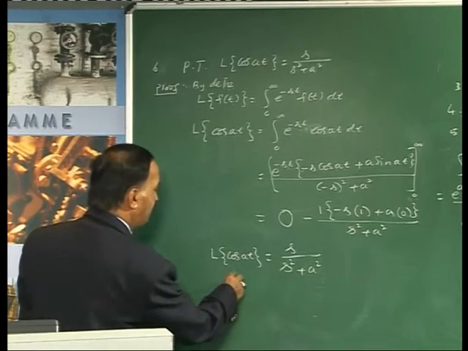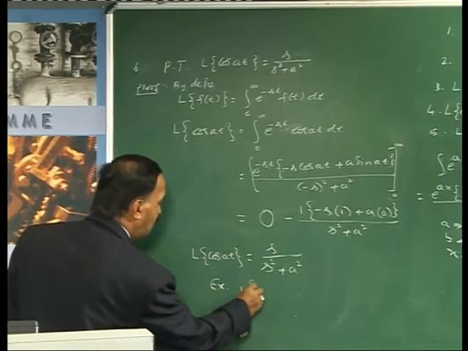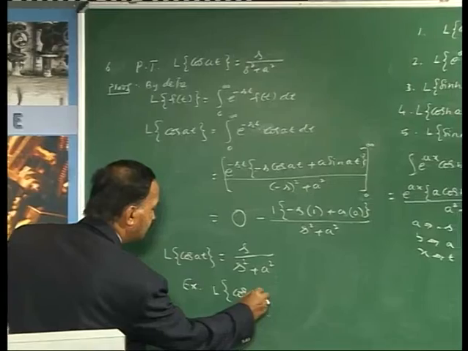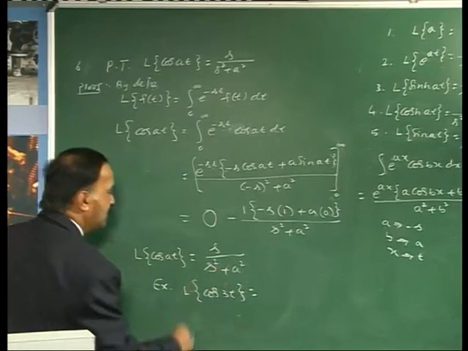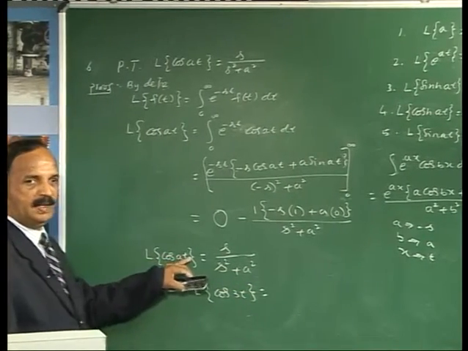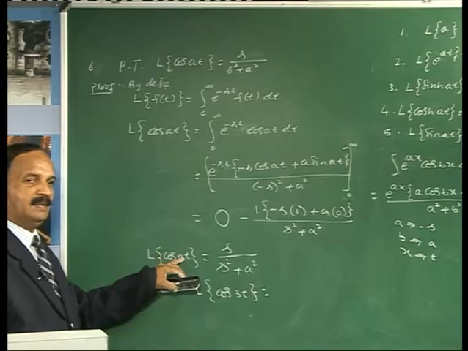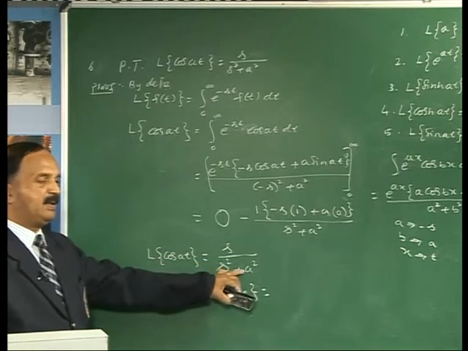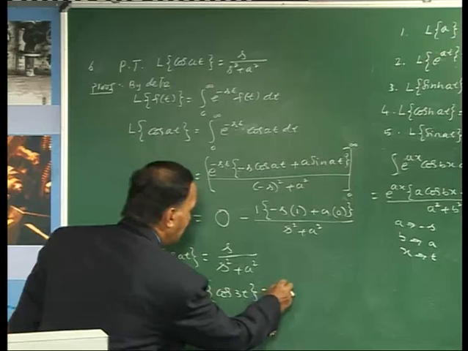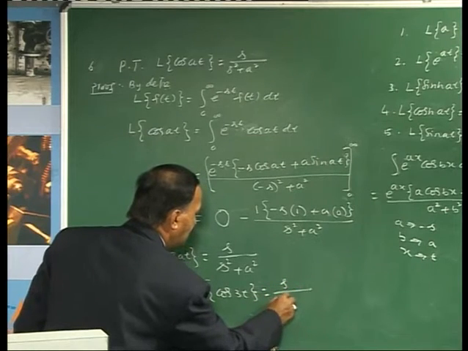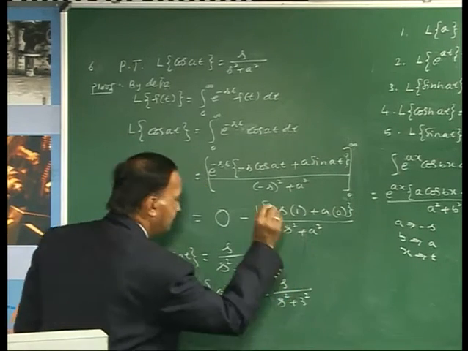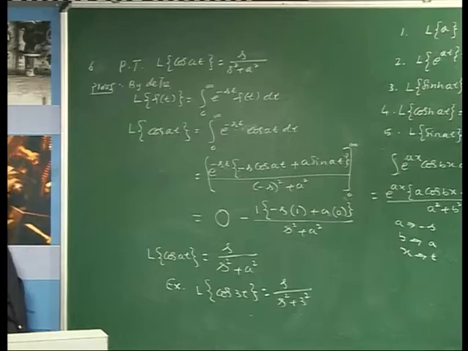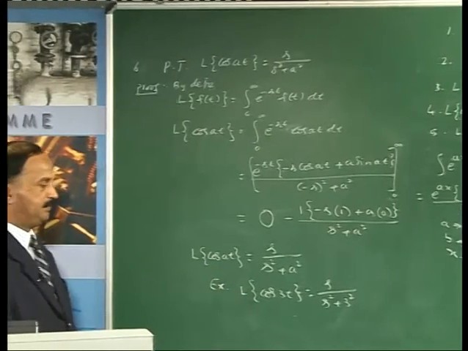For example, L of cos 3t: put a equal to 3 here, then this becomes s divided by s square plus 3 square, or s divided by s square plus 9.